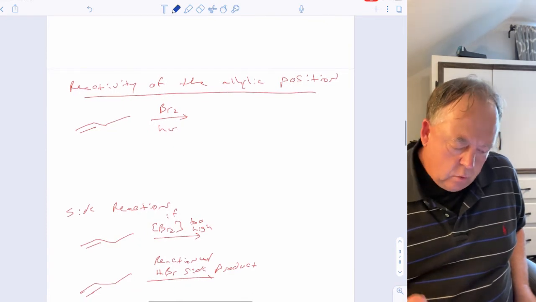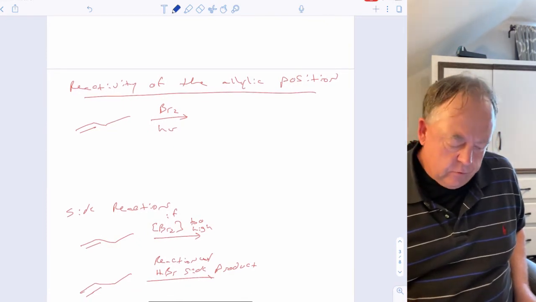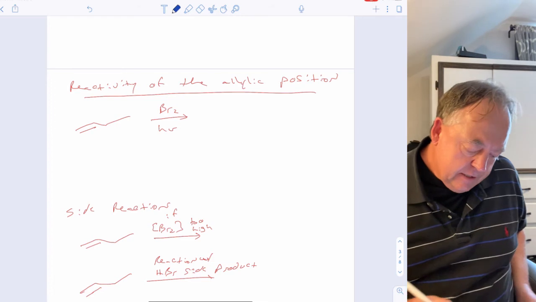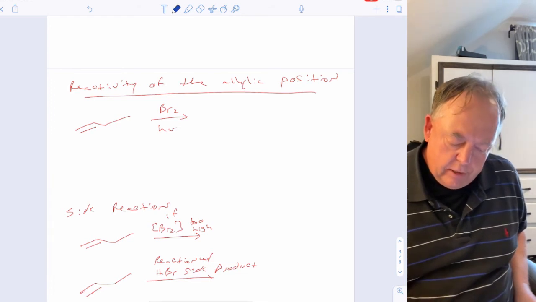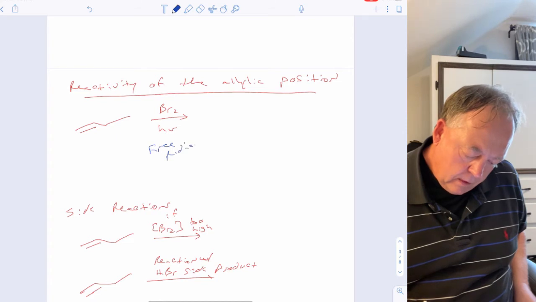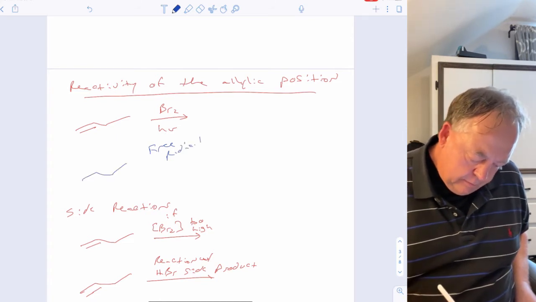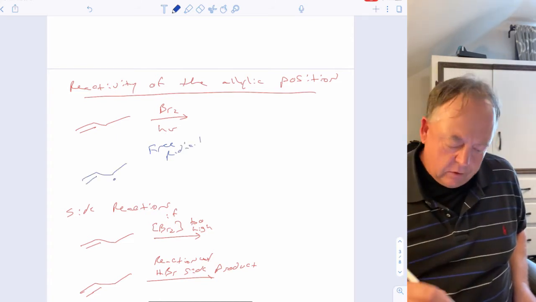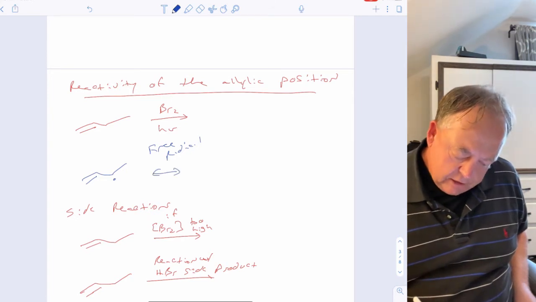Okay, and then we've talked about the reactivity at the allylic position again. So if you remember, if you take an alkene with Br2 and light, this is free radical, which means at some point in the mechanism you would make that radical, and then of course it has a resonance structure.